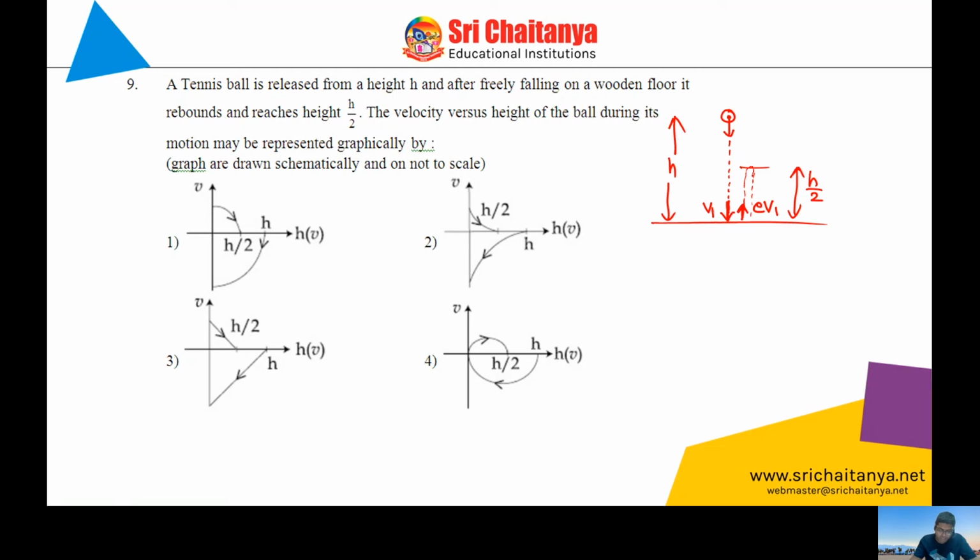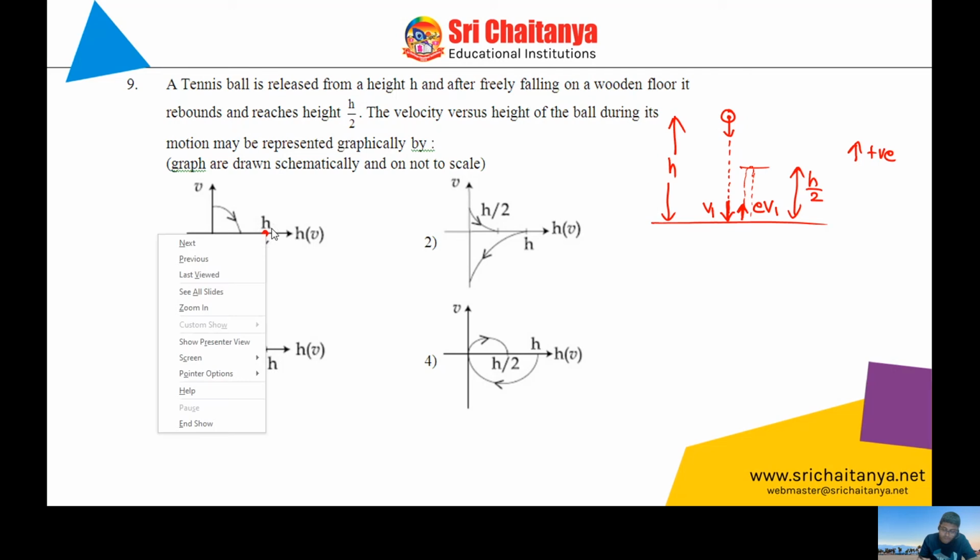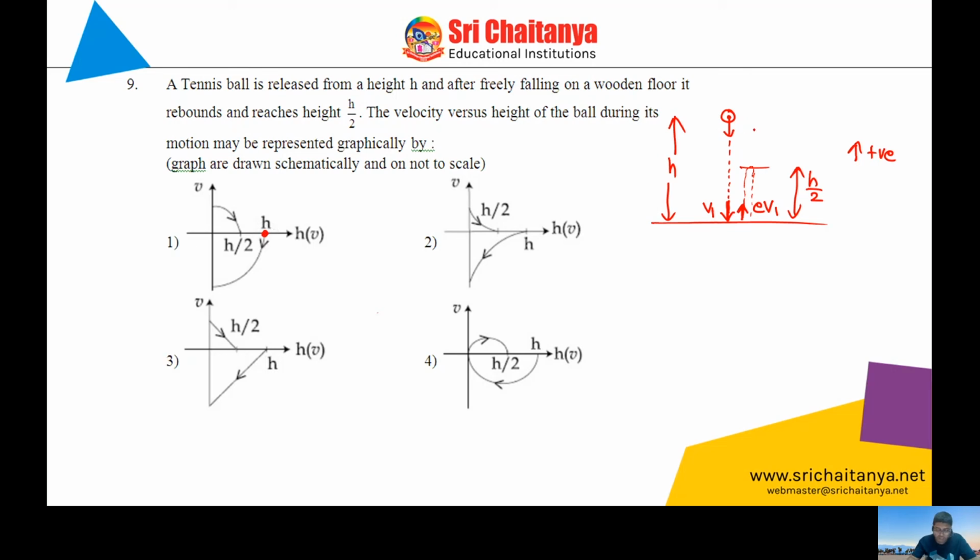Looking at the graph, definitely this direction has been taken as positive, I guess. So this point over here corresponds to h equal to 0. From here it has been released, and then its velocity is negative, so the graph will be in the fourth quadrant over here.